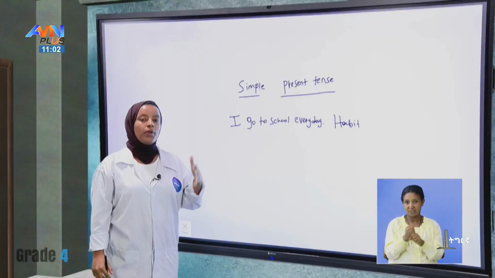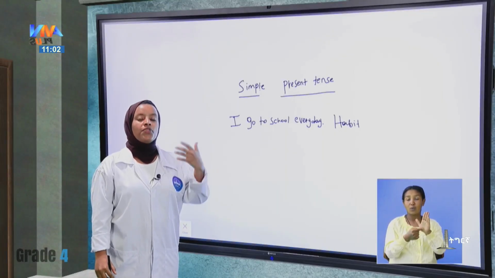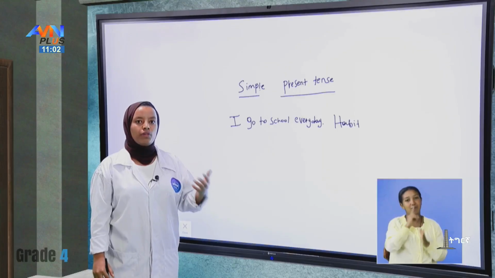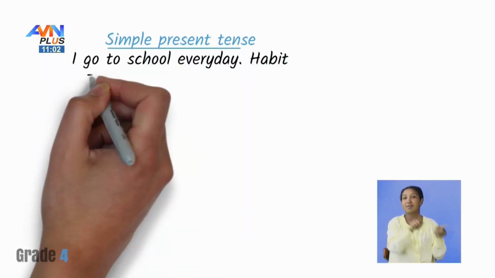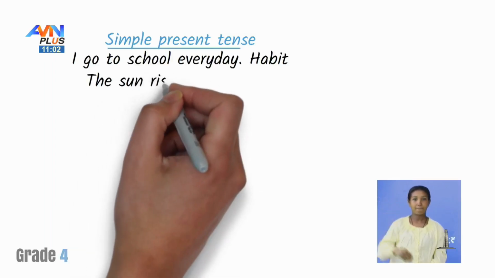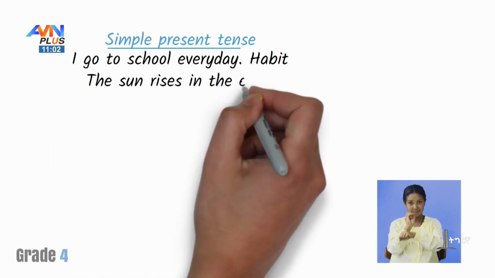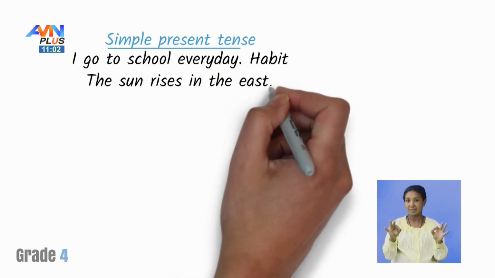The second, we can use simple present tense to show also general facts. General facts like the sun rises in the east. Look at students.